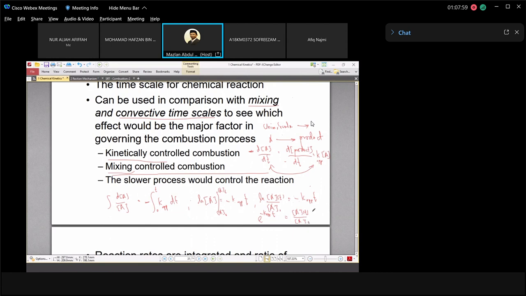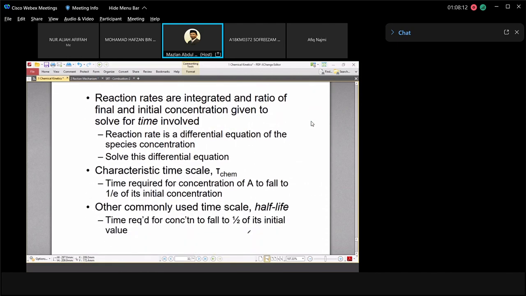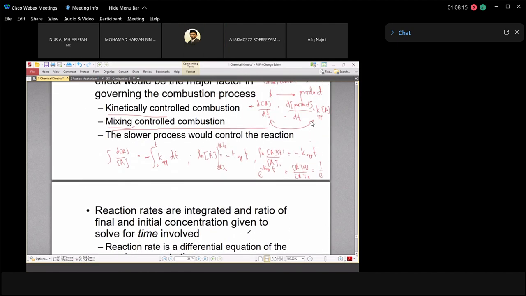So this is what it refers to, 1 over e, I just write it as 1 over e there, where 1 over e is equal to exponential, in the bracket negative k tau, and this is called tau.